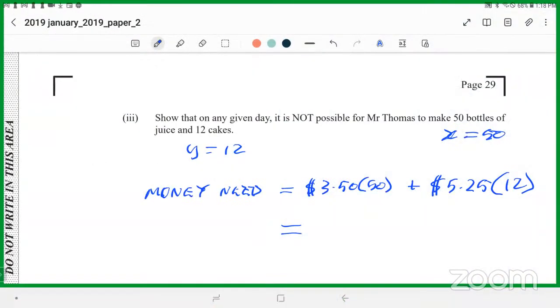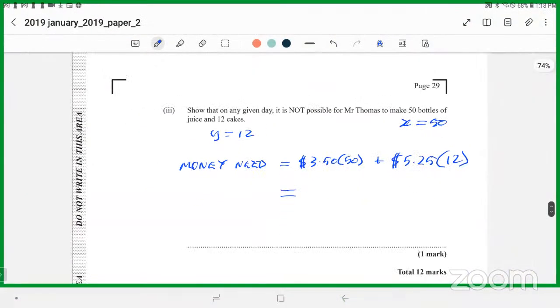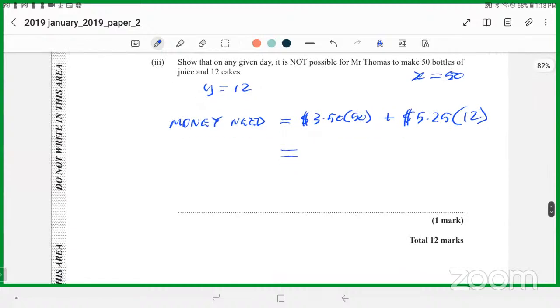Now, $175 is greater than $163, isn't it? And you can't spend more than 163. See that? Therefore, not possible.